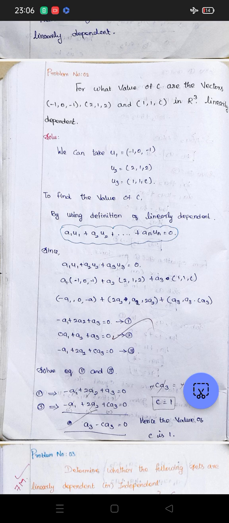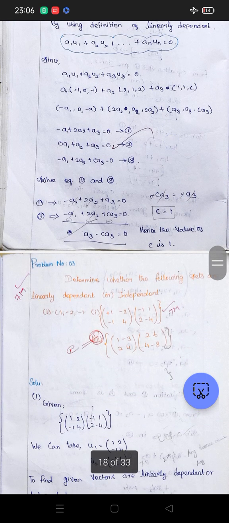You can consider the equations: minus a1 plus 2a2 plus a3 is equal to 0. The second equation is 0 a1 plus a2 plus a3 is equal to 0. The third equation is minus a1 plus 2a2 plus c a3 is equal to 0. Solve equations number 1 and 3.